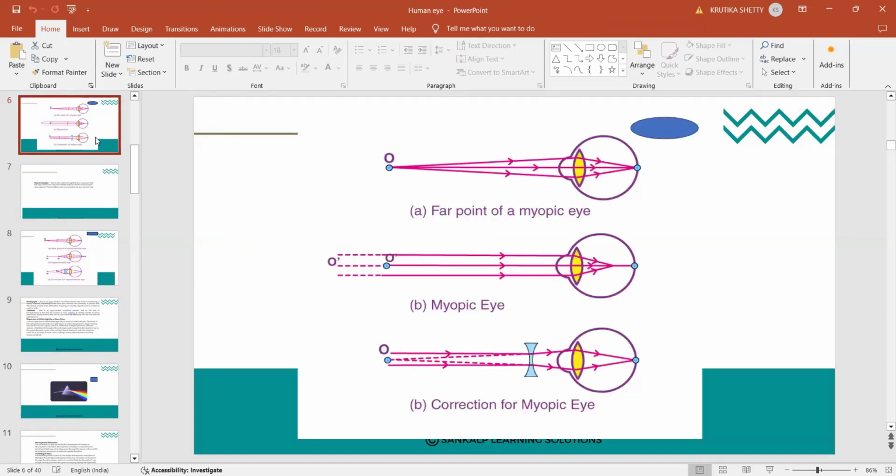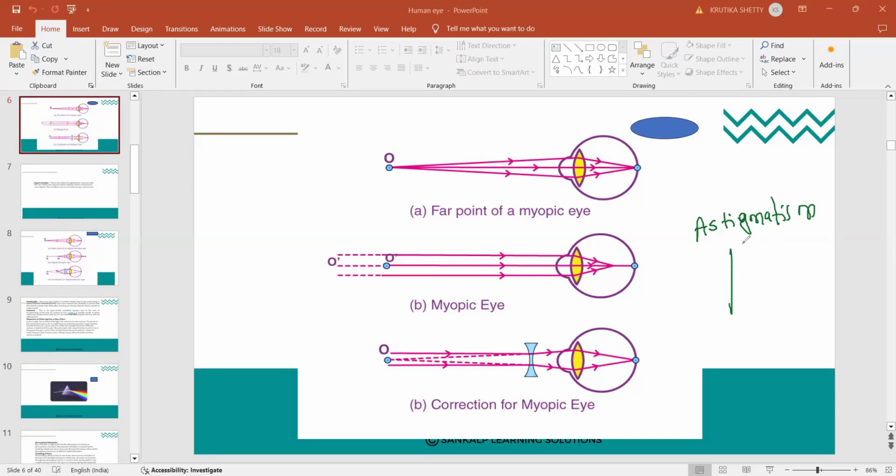Okay. One more is there, that is astigmatism. So what is astigmatism condition? See. Astigmatism is a vision defect due to which a person cannot see both the horizontal and the vertical views of an object with the same clarity.